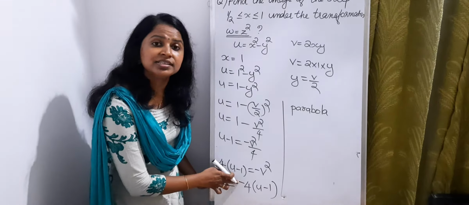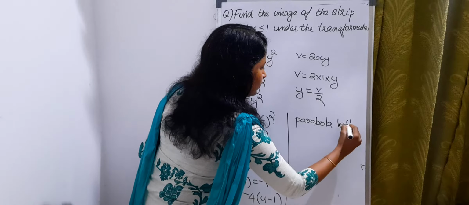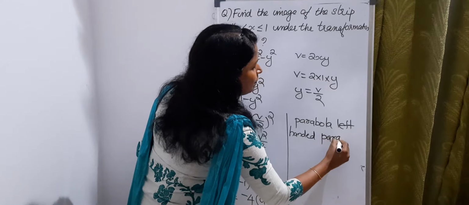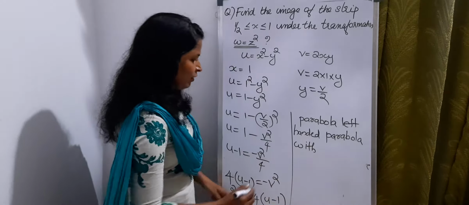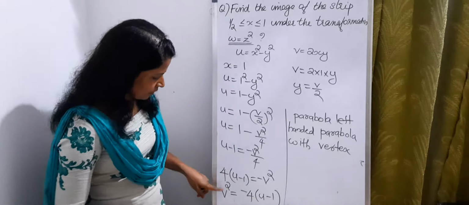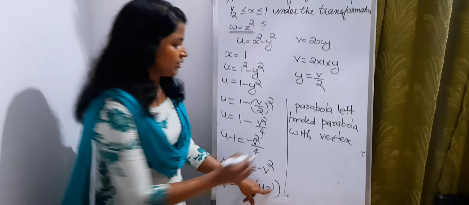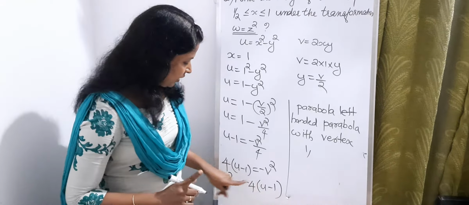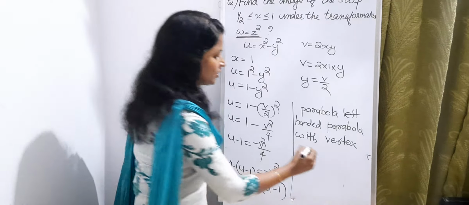Here the minus sign shows a left-handed parabola, with vertex at u − 1, so we take u = 1, and v² is (v − 0)², that is 0.